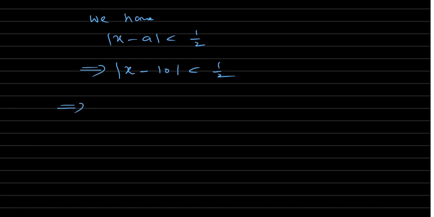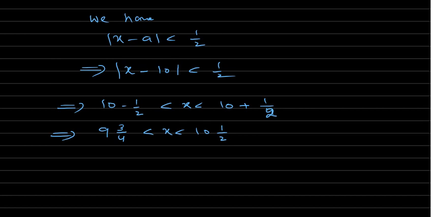So this means 10 minus 1 by 2 is less than x, less than 10 plus 1 by 2. So 10 minus 1 by 2 is 9 3 by 4... okay, 9 plus 3 by 4, that is actually 9.75. This is less than x and less than 10 plus 1 by 2.